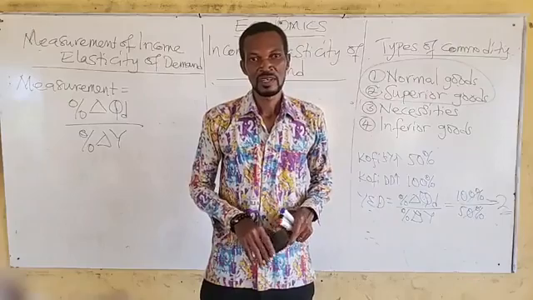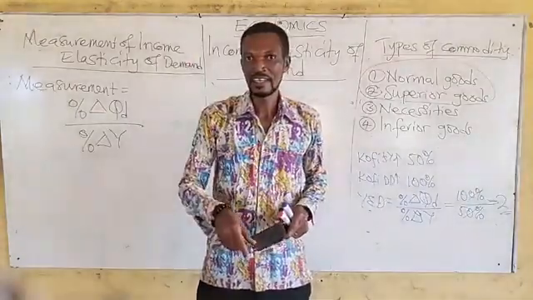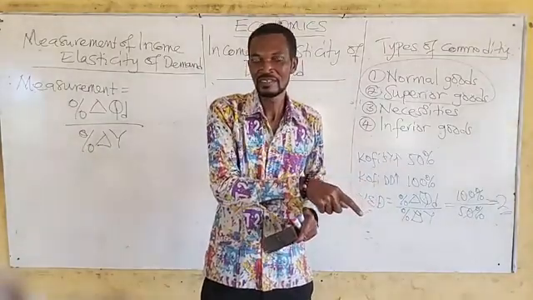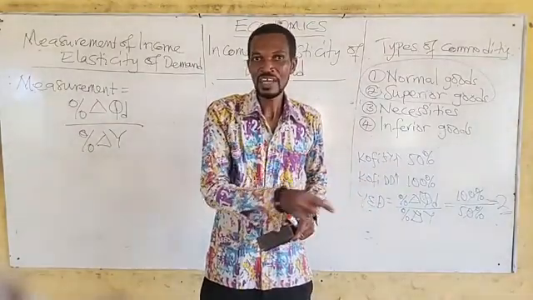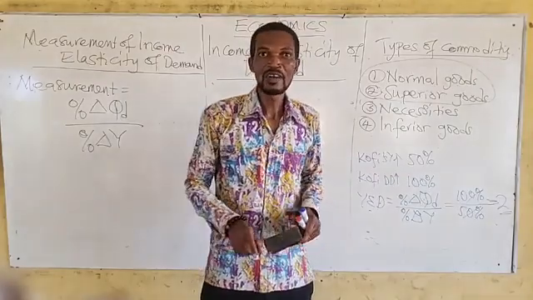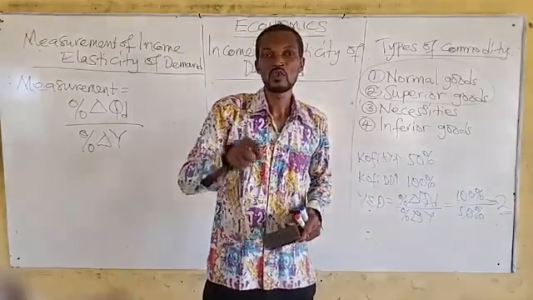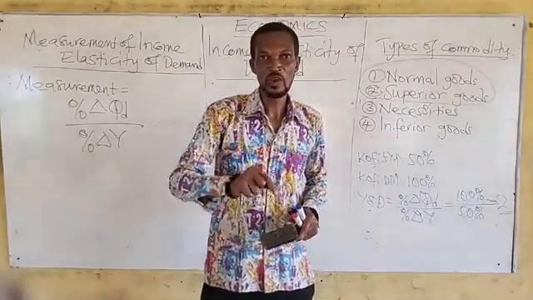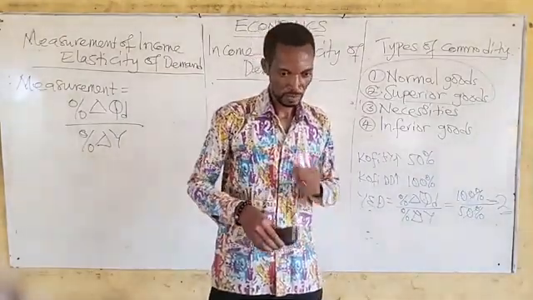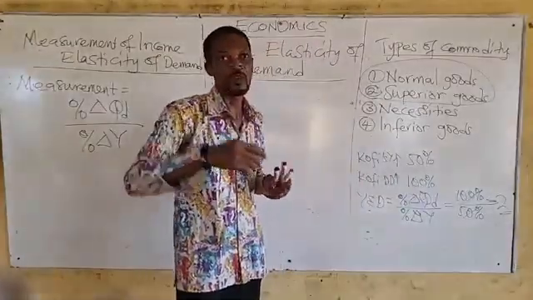The demand curve usually will have price and quantity demanded, but this particular curve will have income against quantity demanded. That one is called Engel's curve. It's a name of an economist who came out with that particular type of diagram.